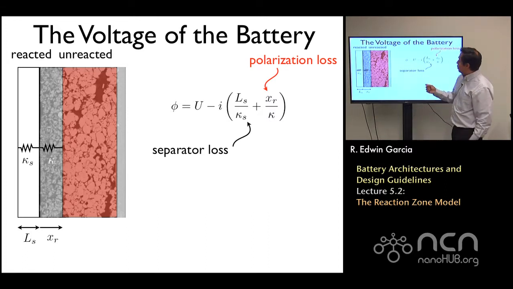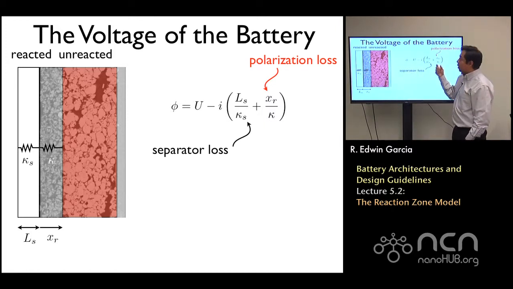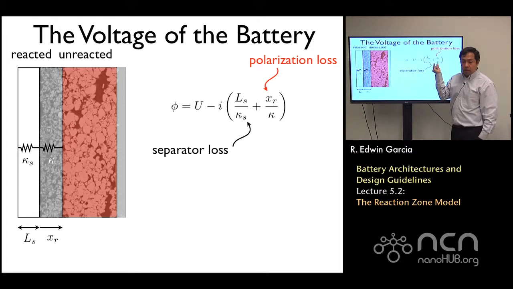That loss is proportional to the current times the thickness of the separator, divided by the conductivity of the separator, plus the other loss, the reaction zone length divided by the effective conductivity of the porous reacted layer. That's what we would put in here.